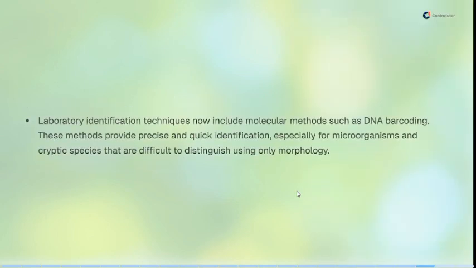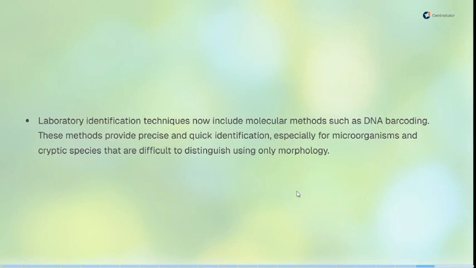Laboratory identification techniques now include molecular methods such as DNA barcoding, and these methods provide precise and quick identification, especially in the case of microorganisms and cryptic species. They are difficult to distinguish using only morphology. For these kinds of microorganisms, you cannot tell how they look specifically, even when using a microscope.